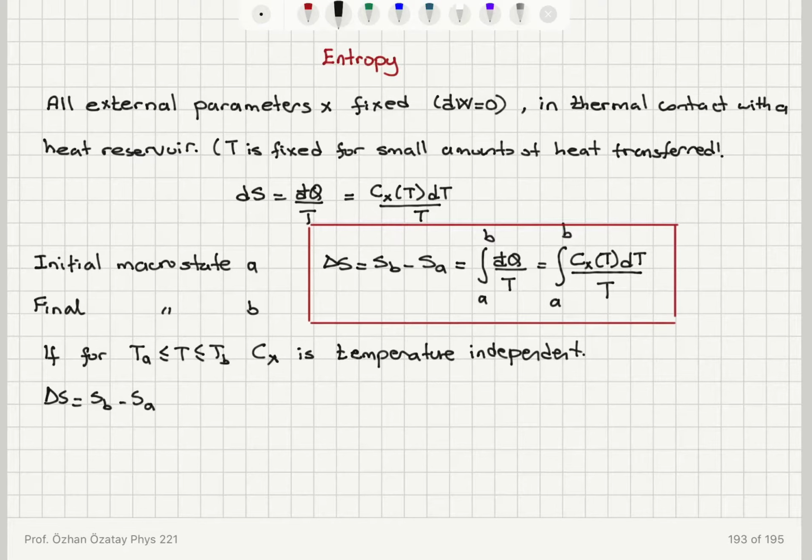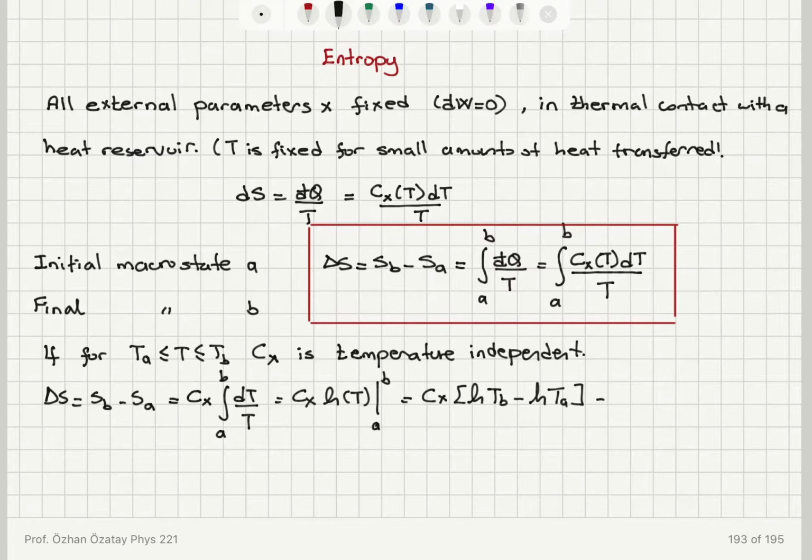SB minus SA will be Cx comes out of the integral from A to B dT over T, and that integral is going to give us the natural logarithm of temperature in between states A and B. So this will be Cx times natural logarithm TB minus natural logarithm TA, which will be Cx natural logarithm TB over TA.